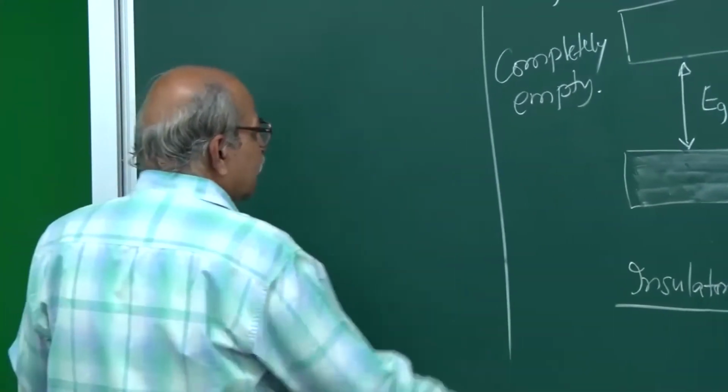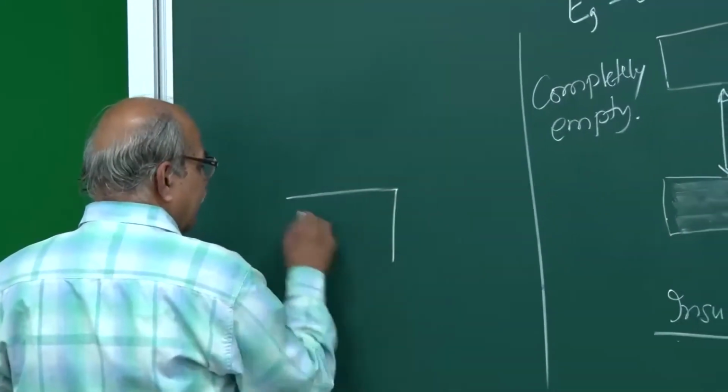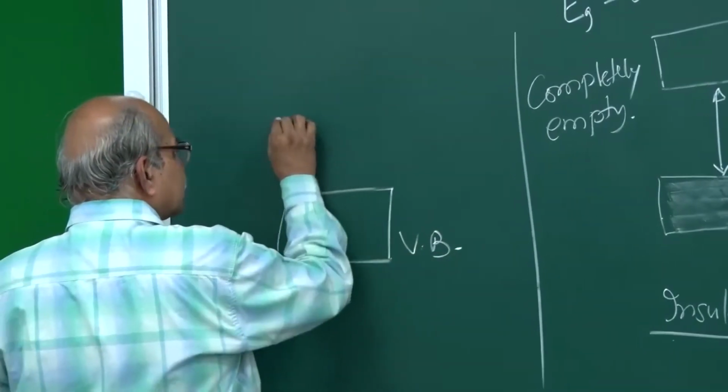And then the third class is you have a similar structure: you have this valence band and this conduction band.